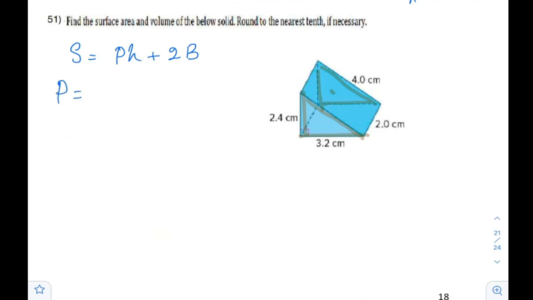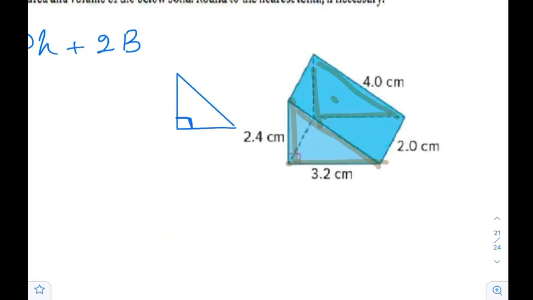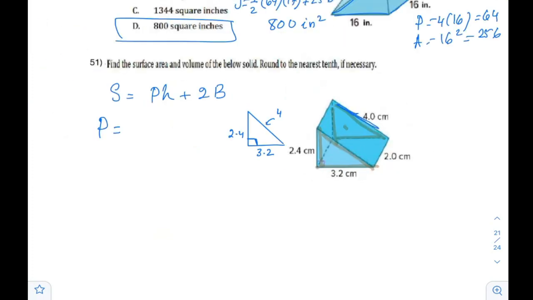This is one of the bases. I will put this as the base. This is the base. The base is a right triangle with sides 2.4, 3.2 and 4. And this one is of course the same as this, since they are congruent. So this is also in centimeters.